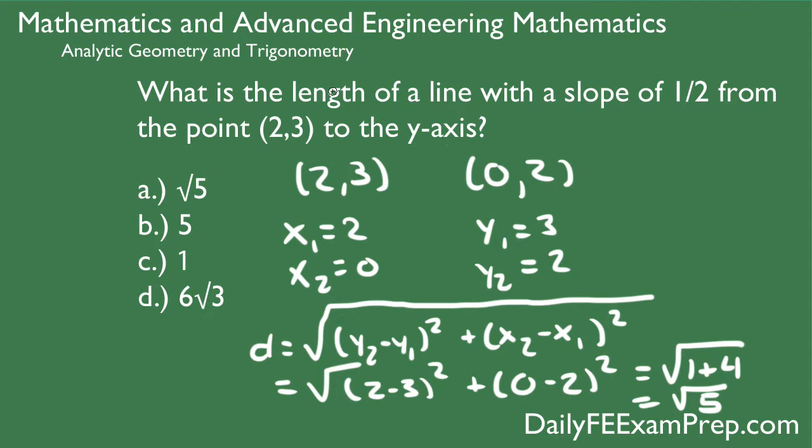Okay, so let's take a look at our answers, and right there we have square root of 5, which is labeled as letter A. So that is our answer.